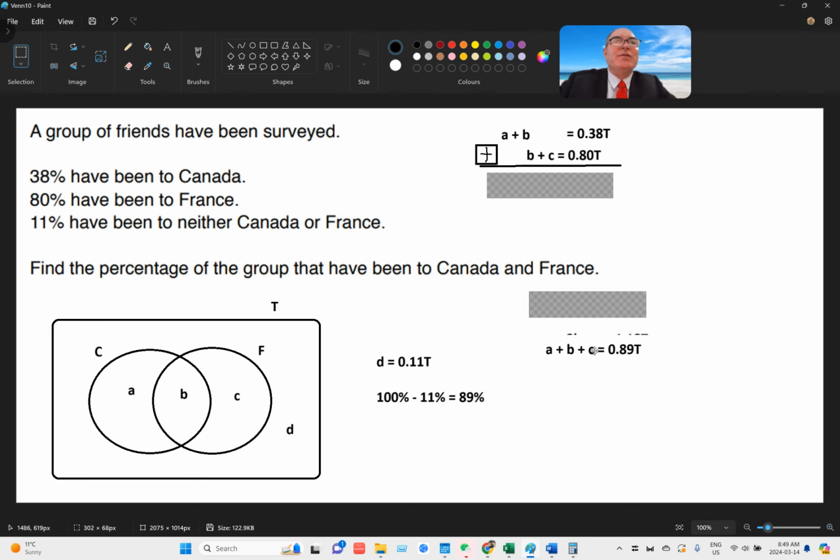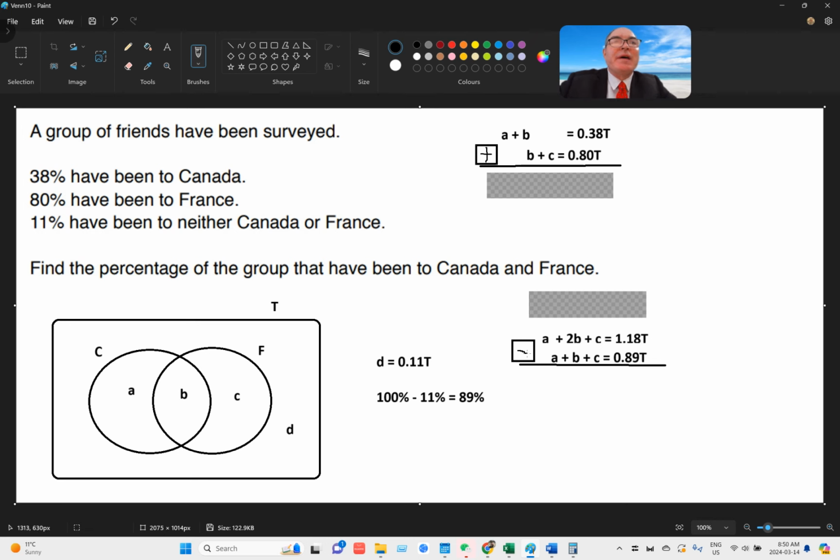This is excellent because now you can see that I can subtract these two equations. I like putting a little box here because it makes things clear for me.